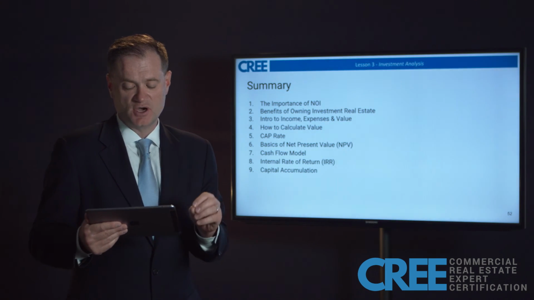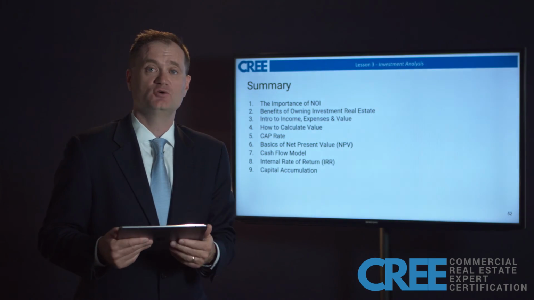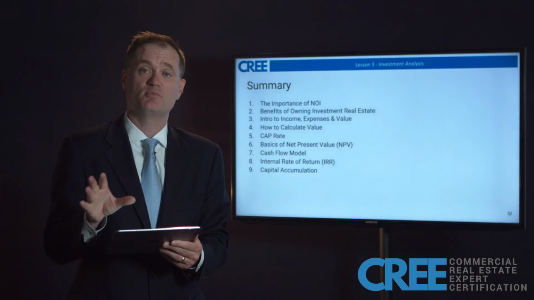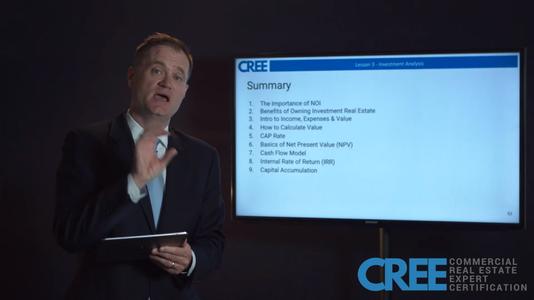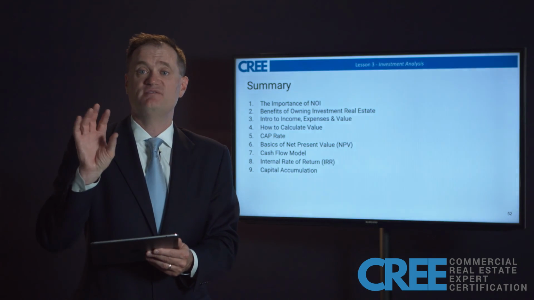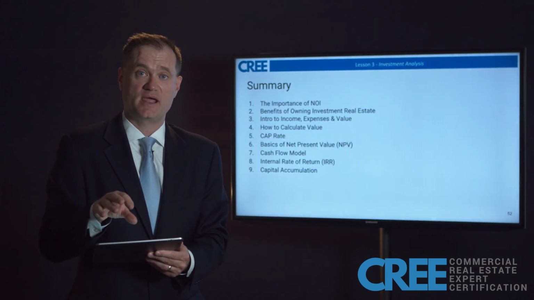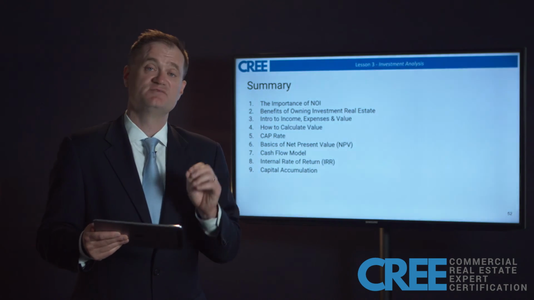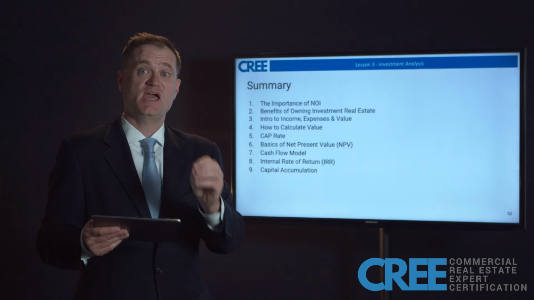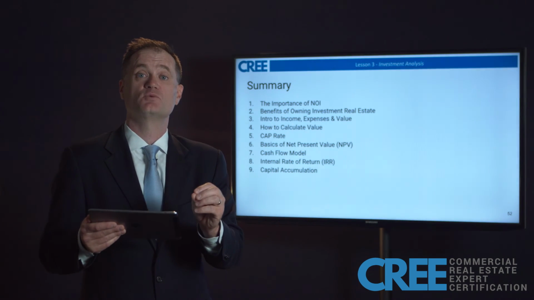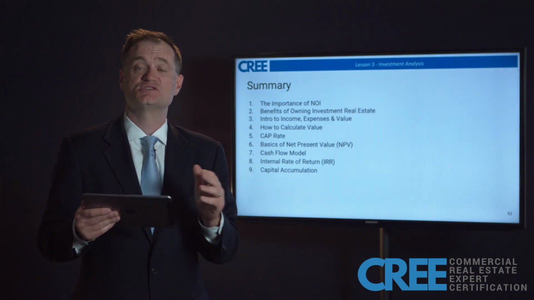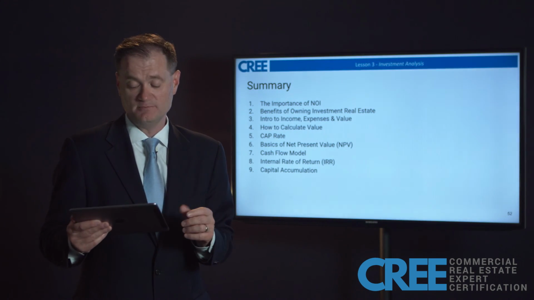We've looked at intro to income and expenses and value. We've looked at the impact of how to calculate value, what a cap rate is, the trilogy between NOI, value, and the cap rate. Understand that. We've looked at the basics of net present value. We've looked at the cash flow model and the internal rate of return rates and how that looks at an investment over a 10-year time span.